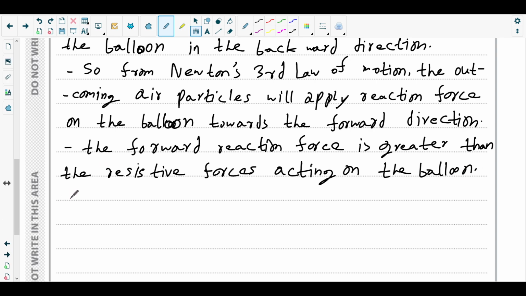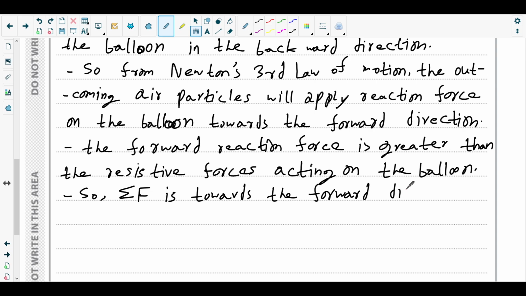So the resultant force is towards the forward direction.